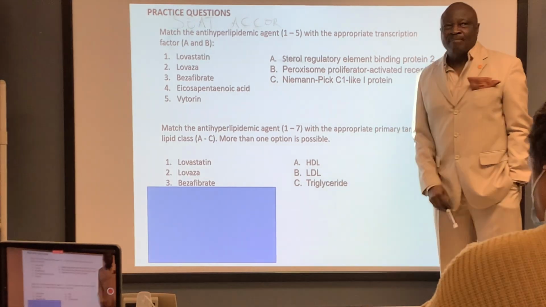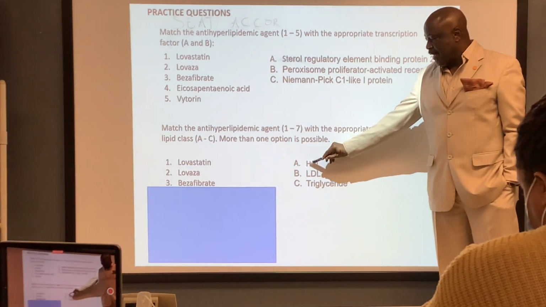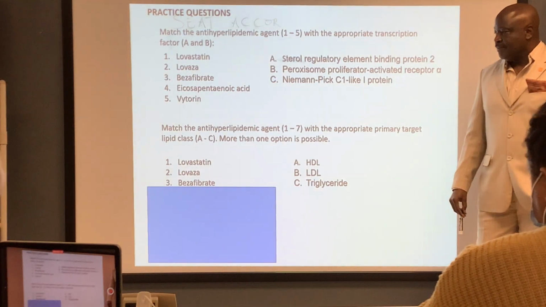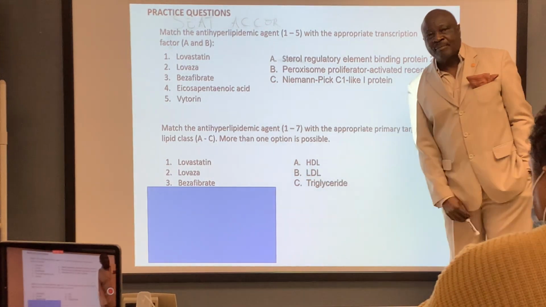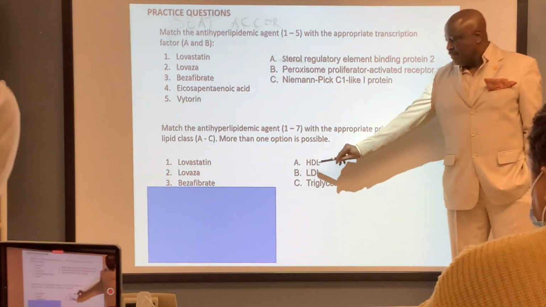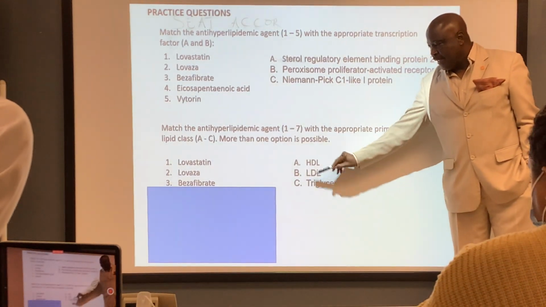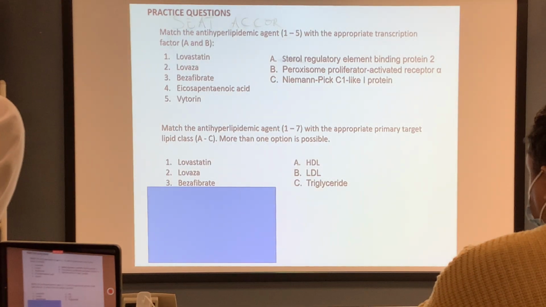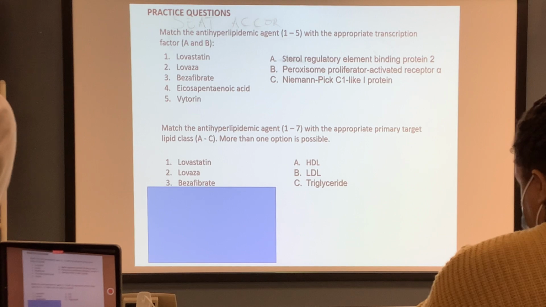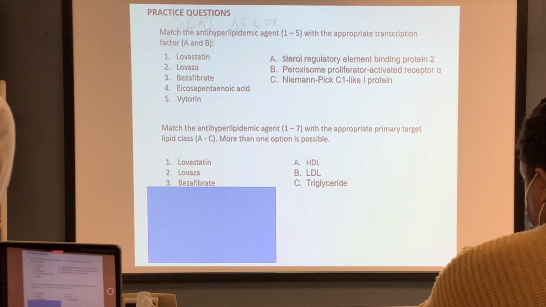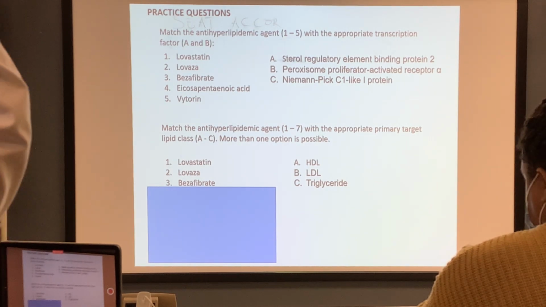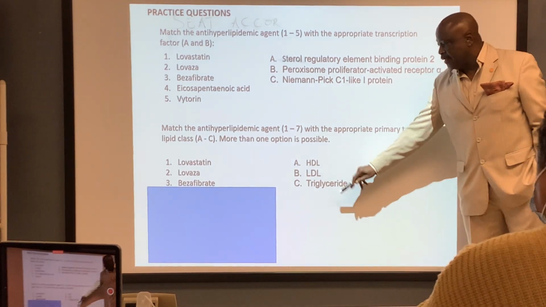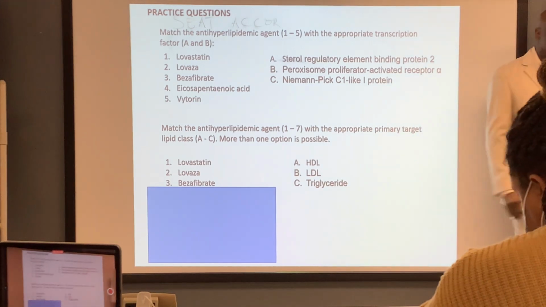And then the same thing as Lovaza, with this and this. They do not touch LDL. That's the sort of thing that I want you to know. They reduce triglycerides and increase HDL. That's their primary target.